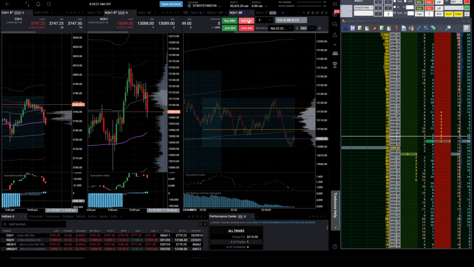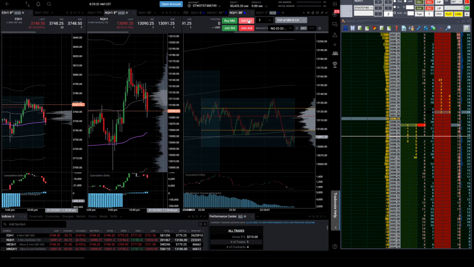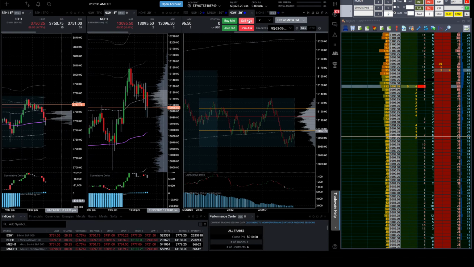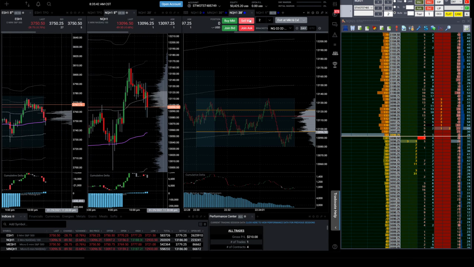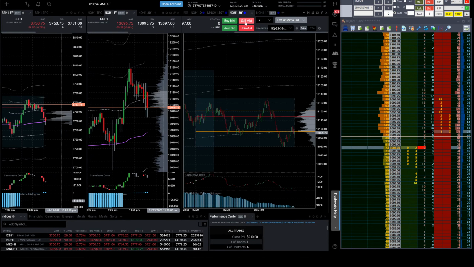Quite fast action tonight. Look at that. It didn't even blink at the value area low. Normally you would expect that to test and bounce. Didn't even blink.